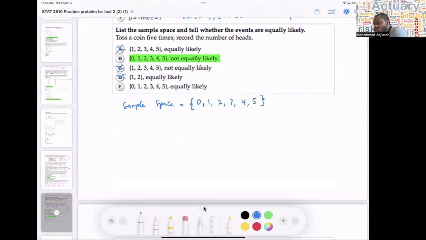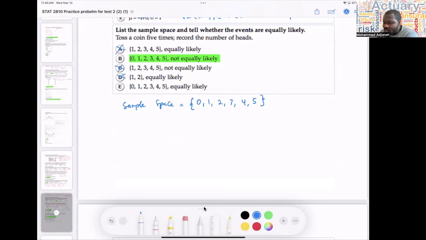So how do we determine if the events are equally likely? We've learned that to determine if the events are equally likely, let's look at their probabilities. If their probabilities are the same, it means that the events are equally likely. To do that, we know that the denominator is going to be the same.